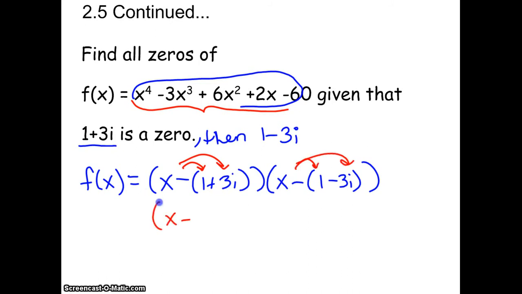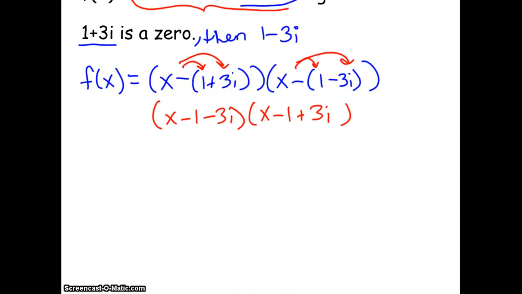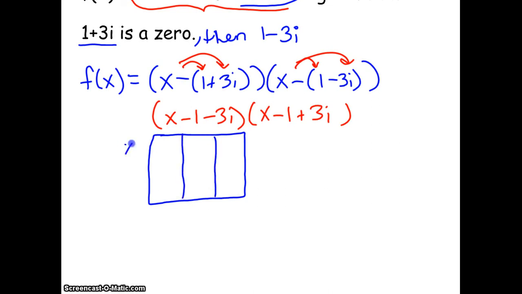I get x minus 1 minus 3i, x minus 1 plus 3i. If you can go ahead and multiply that on the side, you could do the box method, you could FOIL it out or distribute, whatever you want. I'm going to do the box method.